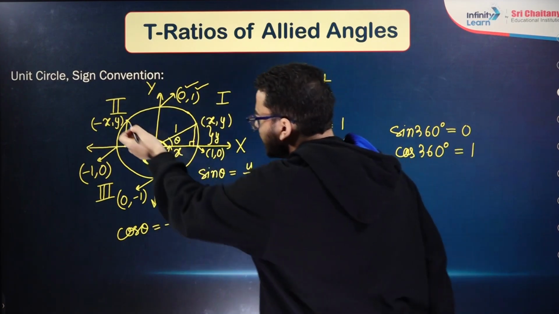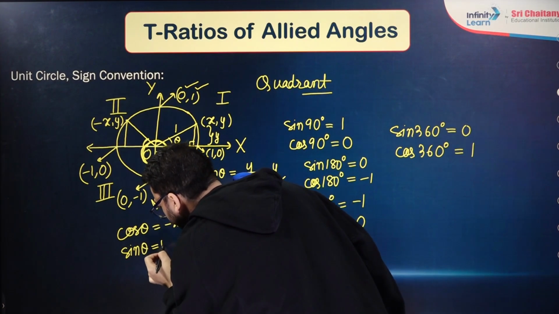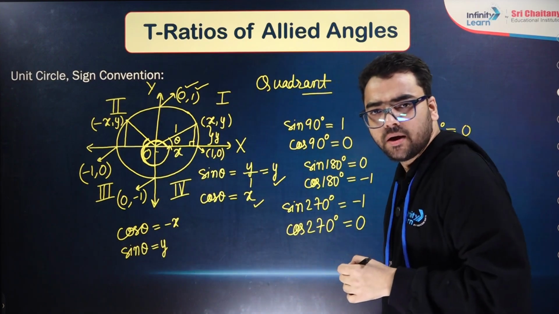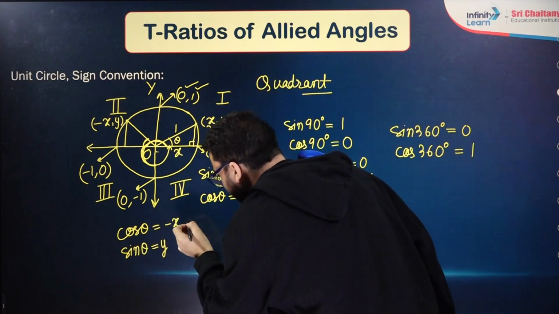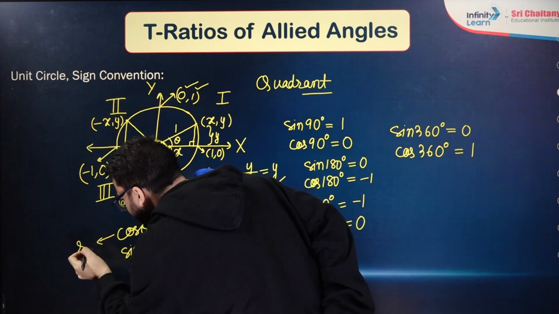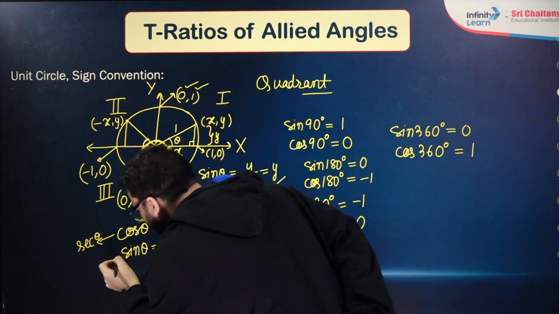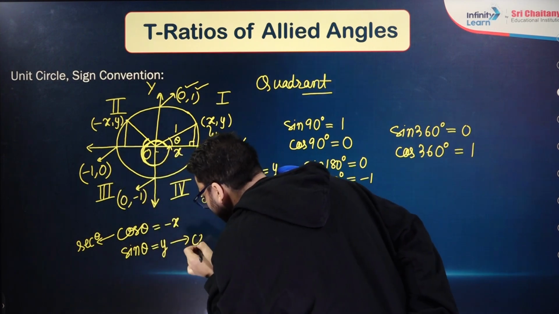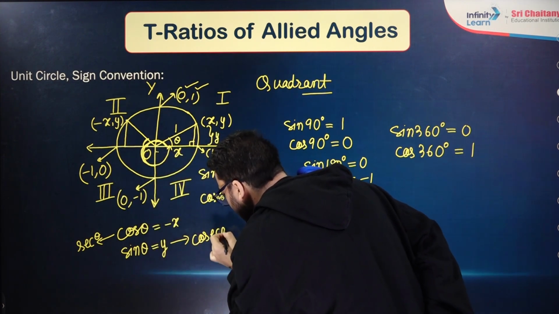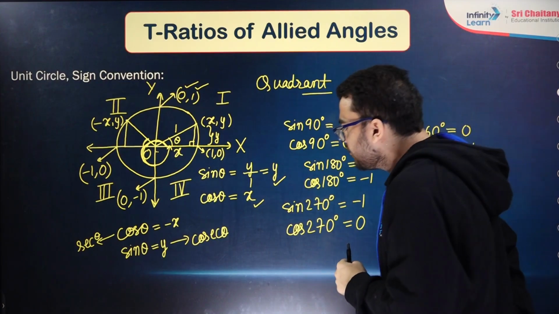And sine theta in the second quadrant will be still y over here. So what does it mean? Cos is negative. What does it mean? Then sec will also be negative. If cos is negative, its reciprocal sec theta will be negative as well. And if sine is positive, its reciprocal cosec theta will also be positive when the angle is in the second quadrant.